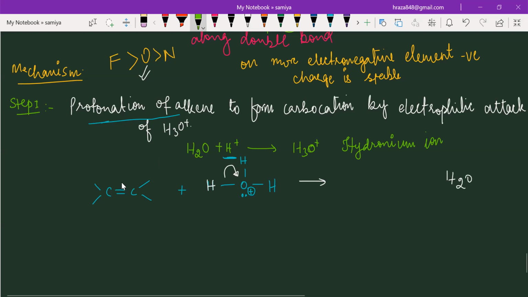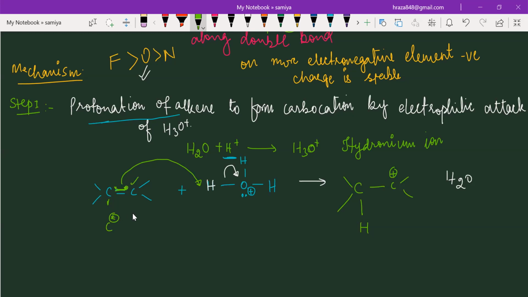So at that time, this alkene will attack this hydrogen. And now see what happens. This has two bonds, this has two bonds. On one of the carbons, hydrogen will come and bond, and this carbon will have positive charge. This is doubly bonded, so this carbon will take the electron of the other carbon and have negative charge.